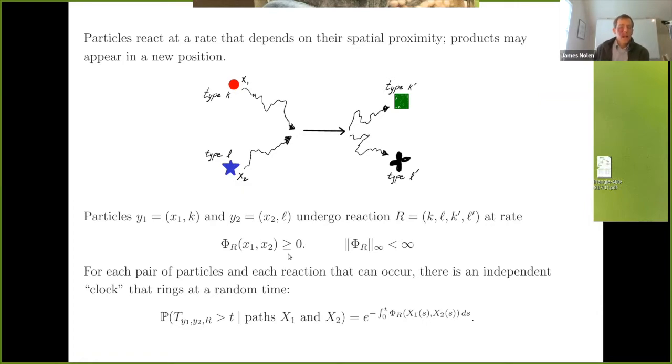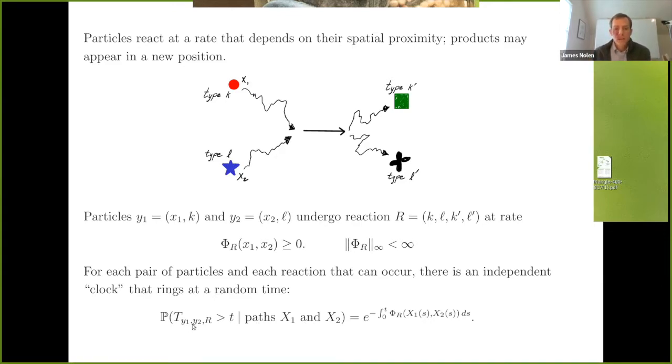Another way of describing this kind of interaction is through a family of independent exponential random variables, clocks, you might say. So you could say that for each pair of particles in each type of reaction that can occur for those pairs, there is a clock that rings at a random time, and conditioned on all the particle paths, these clocks are independent, the times are independent.